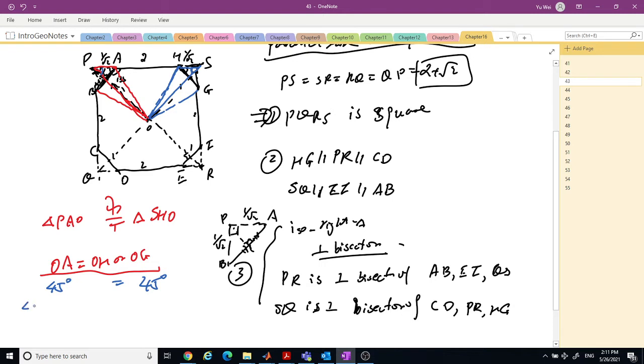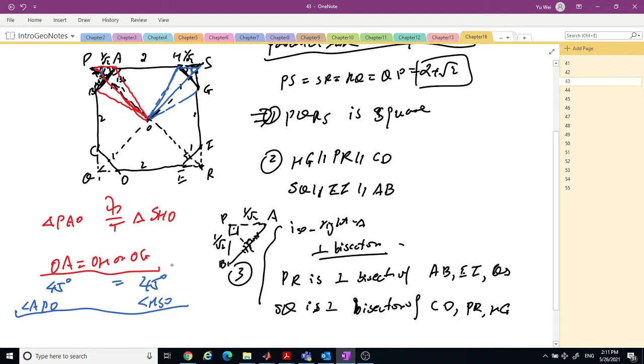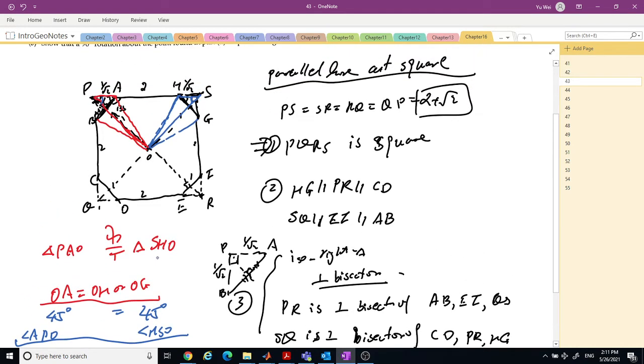This is the angle APO, and this is the angle HSO. This is the first one. The second one, you can see OP equals OS.